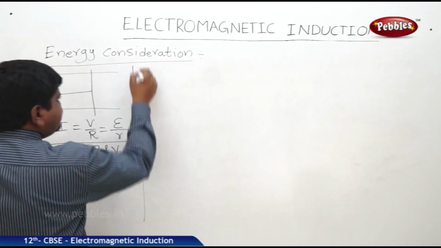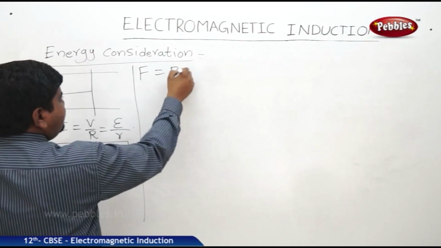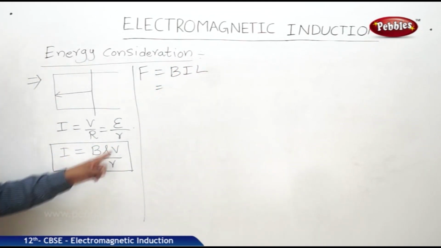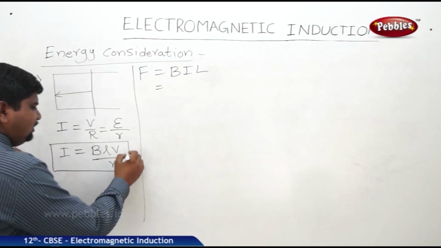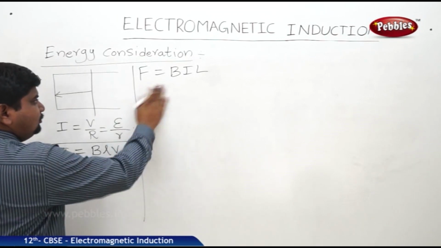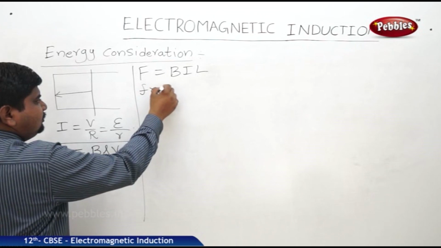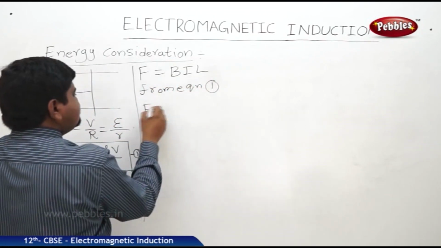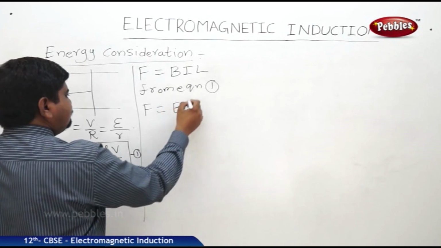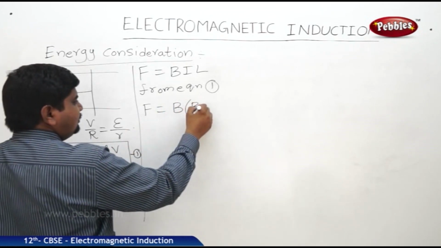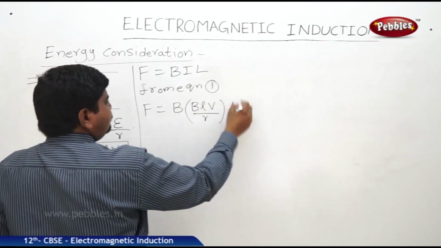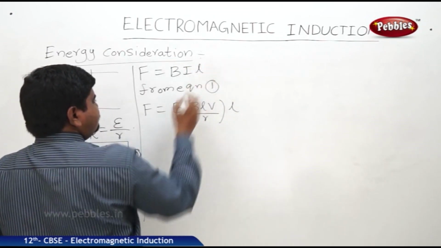What is the force? BIL. I is there, so we are substituting this I value, nothing but equation 1. So from equation 1, F is equal to B into, what is I? BLV by R, into L. We can write it as L also.